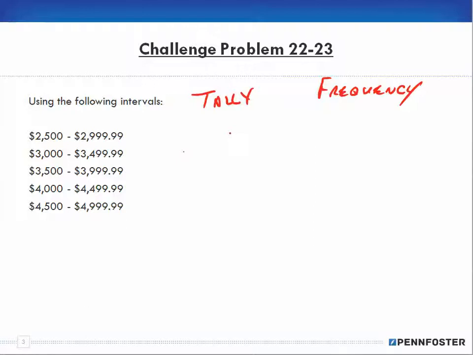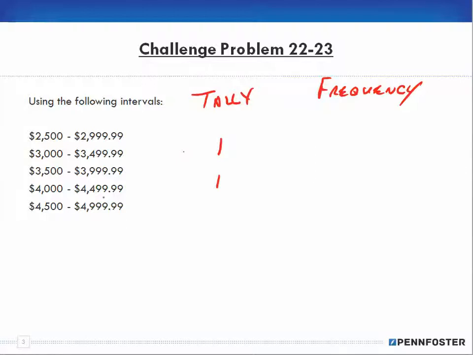For example, when you're looking in the book, it's giving you the wage of $3,321. Well, that $3,321 falls between 3,000 and 3,499.99, so I put a tally mark there. When I do the architect at 4,103, that falls within the 4,000 to 4,499.99.